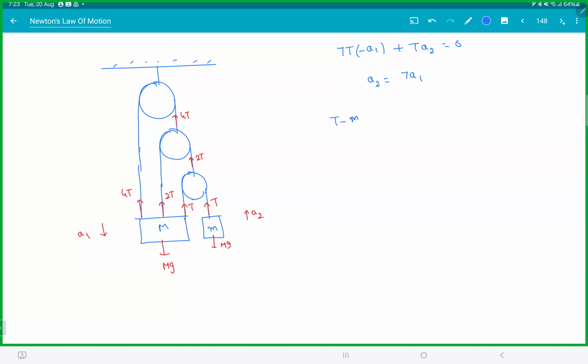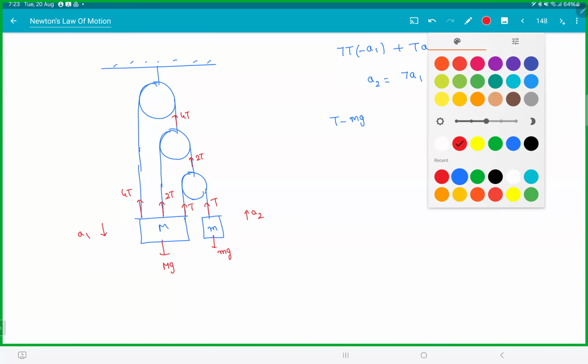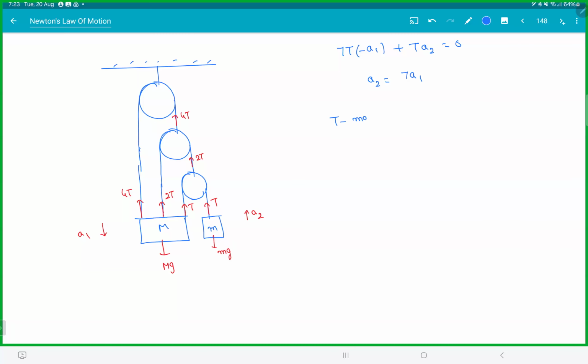Then write force equations. T minus mg, that is small m, is equal to small m into A1. This guy would be capital Mg minus 7T, or I can just keep normal only. 7T minus capital Mg is equal to M into, this is A2 actually, M into minus A1. I took up positive, down negative. So take this A2, substitute here.